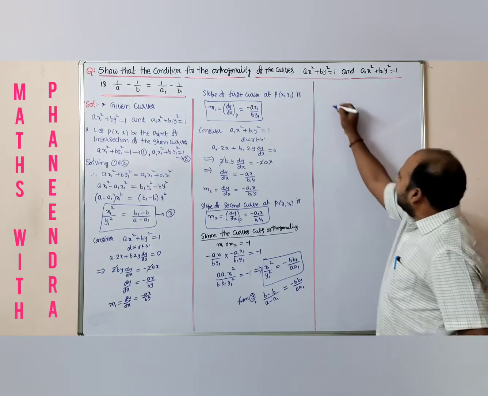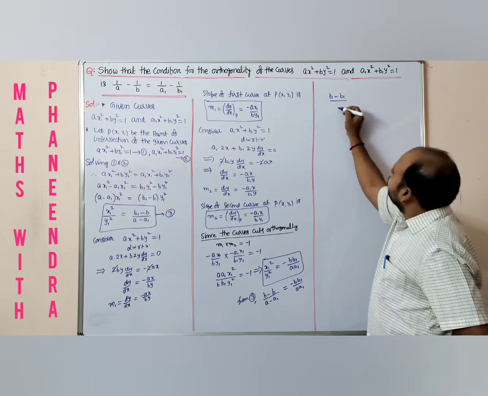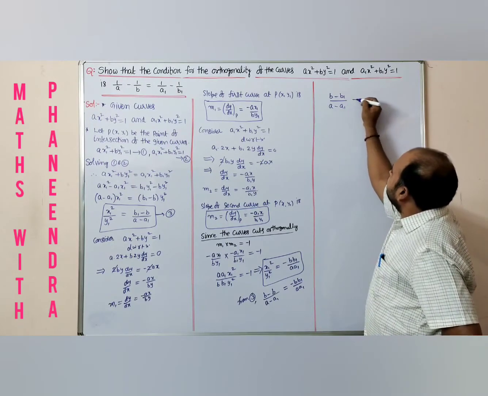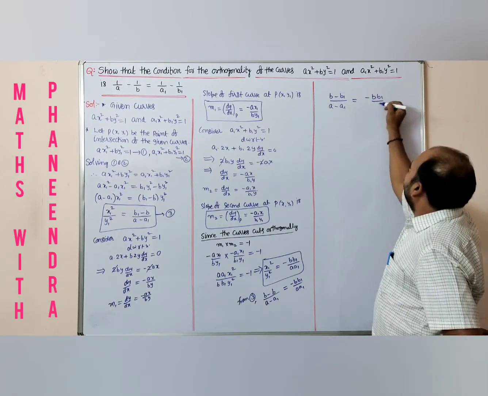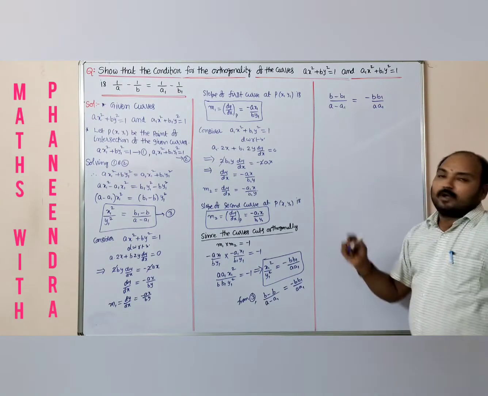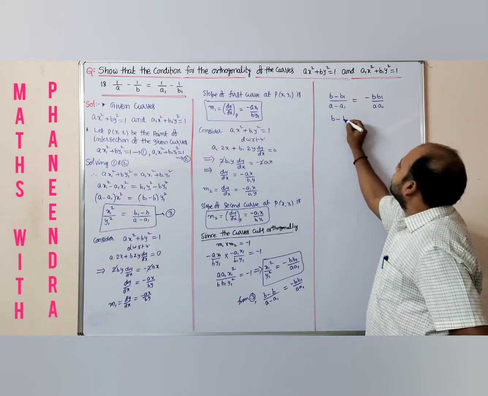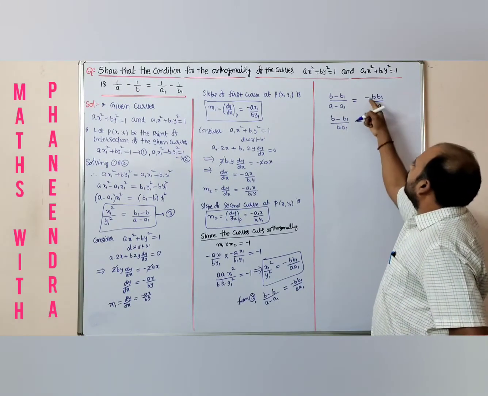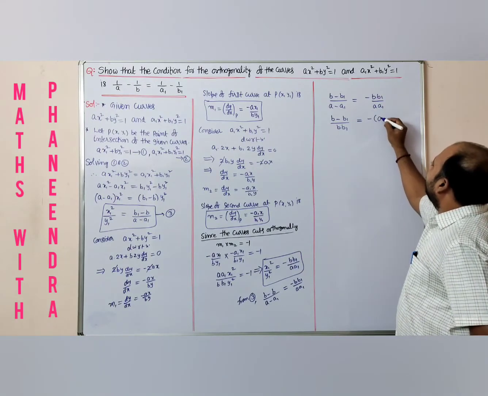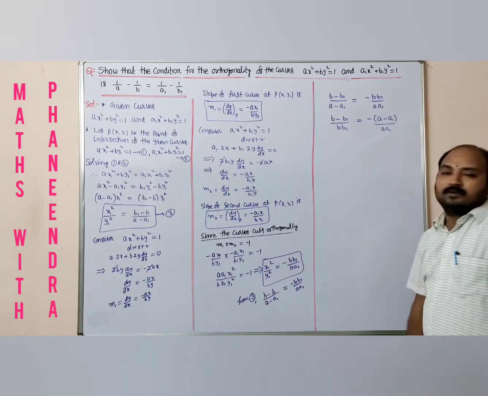Now we will simplify. b minus b1 divided by a minus a1 is equal to minus b1 by a1. b1 only I am taking this side. So b minus b1 divided by b1 is equal to, here already minus is there, a minus a1 divided by a1.